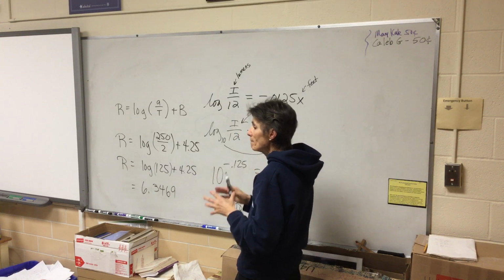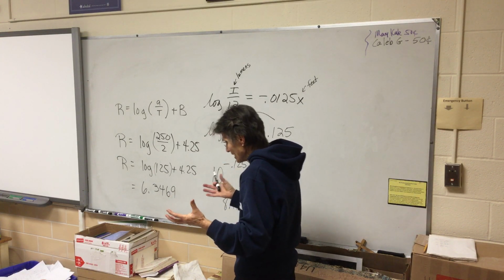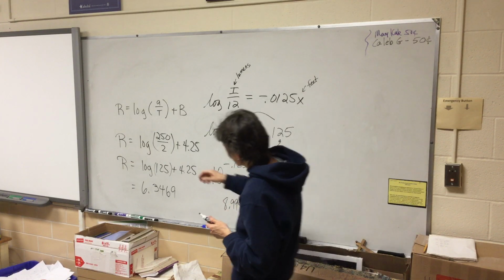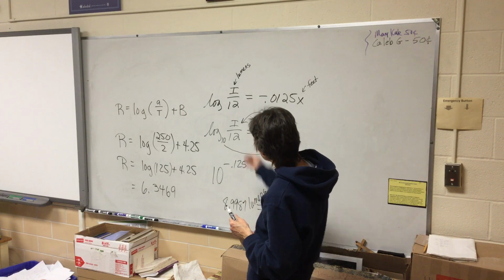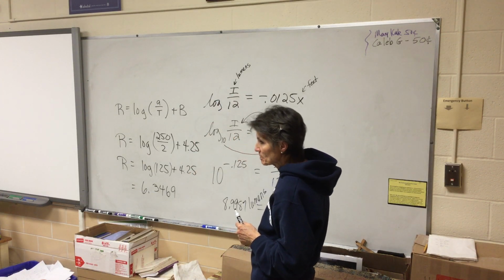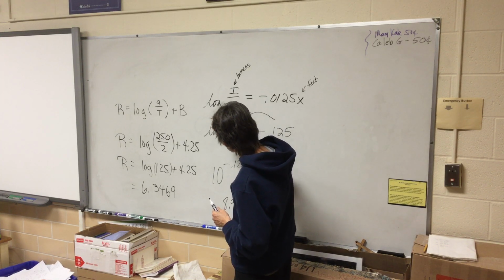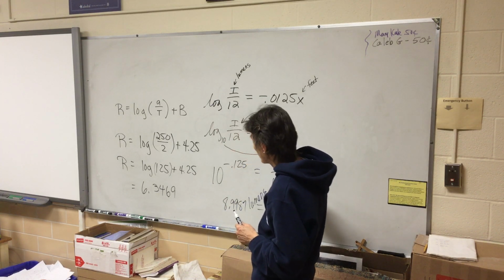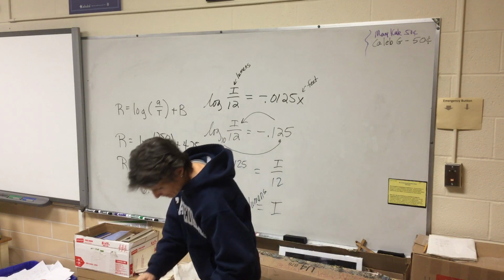Log of a number is just that number, whatever it is. So when they say find the log of 125, okay, fine, I just type it in. Now when they say find the log of I, that's a problem. That's why we had to loop-de-loo to get rid of that logarithm so that we could solve for I.